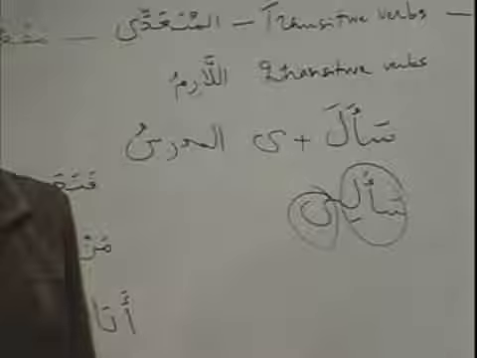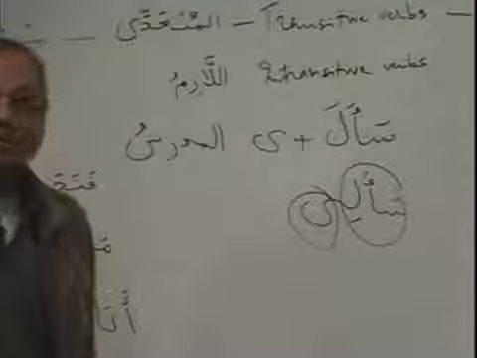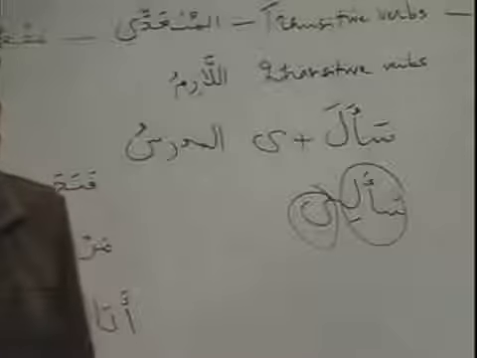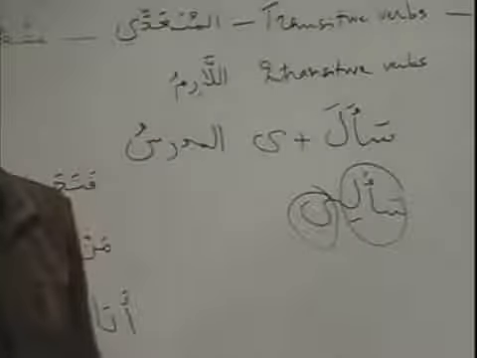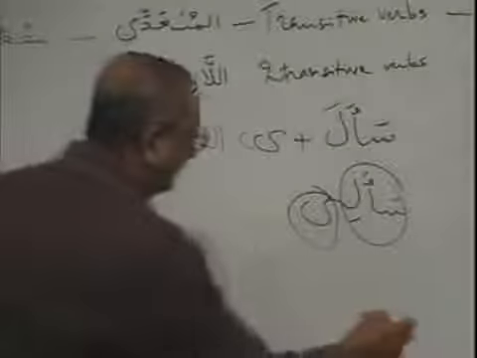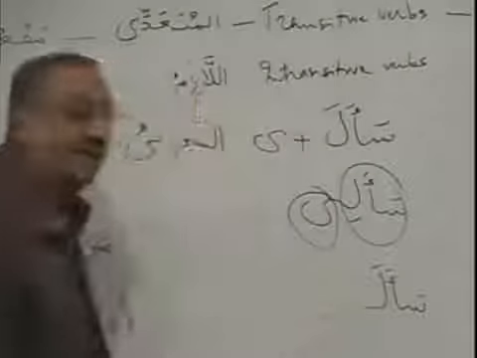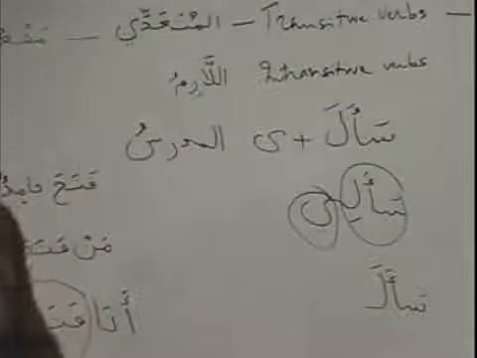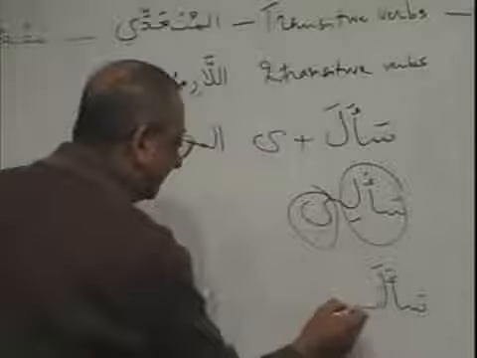No way. Okay? Now we have to protect this verb from being destroyed. Now this verb is destroyed, it's ruined. So this is what we bring, brother. We say sa'ala, and then I bring noon, brother.